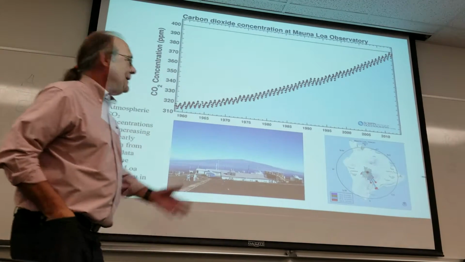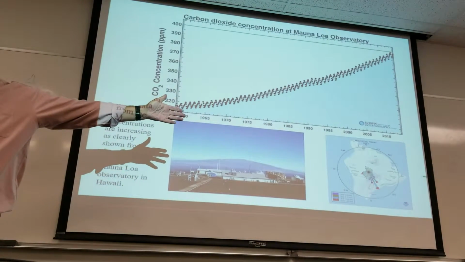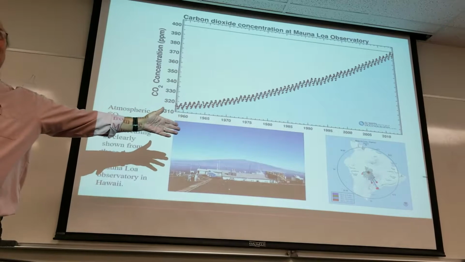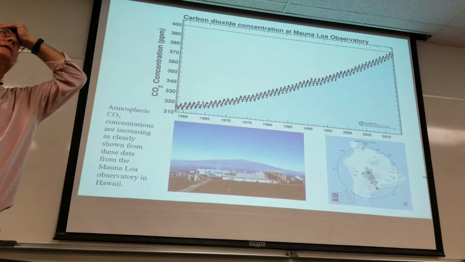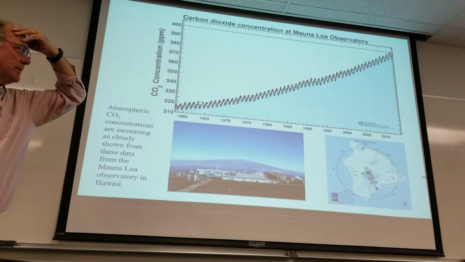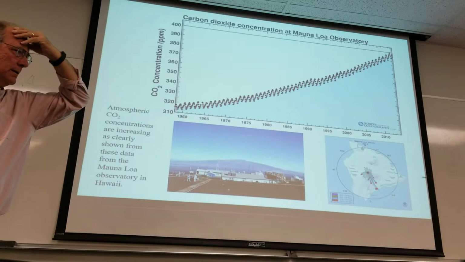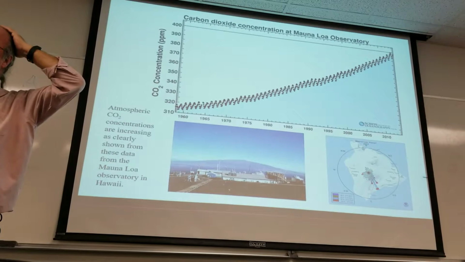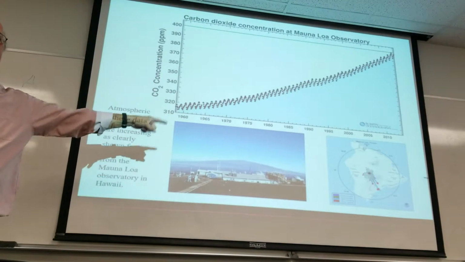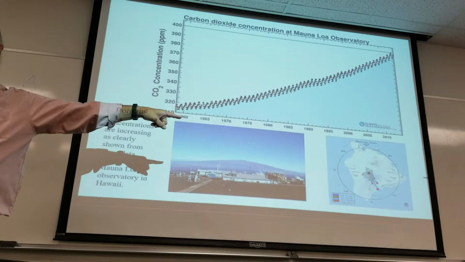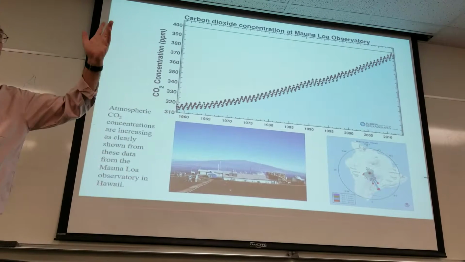Anyway, this isn't the only place that these measurements are made. Did I show you that data set? Yeah, I did. We were talking about Phragmites and methane emissions. I had a data set of atmospheric methane concentrations from a mountain top in New Zealand.